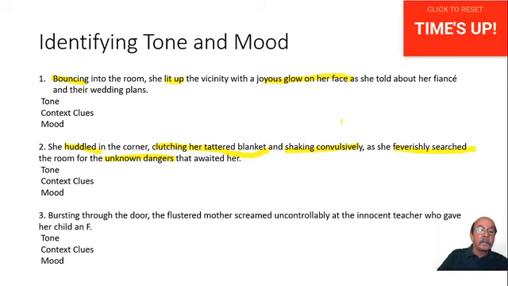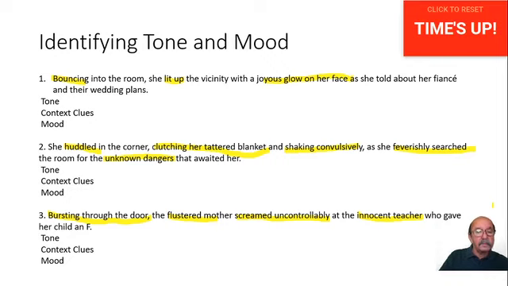Now, what about the third one? Bursting through the door, the flustered mother screamed uncontrollably at the innocent teacher who gave her child an F. Very common in today's scenario, where the parents demand that the children get higher marks than what the teacher has given.